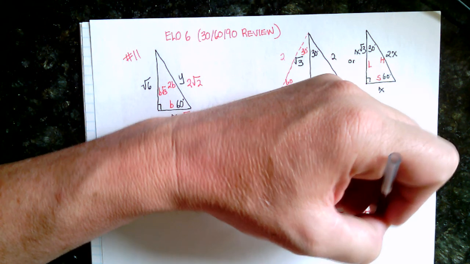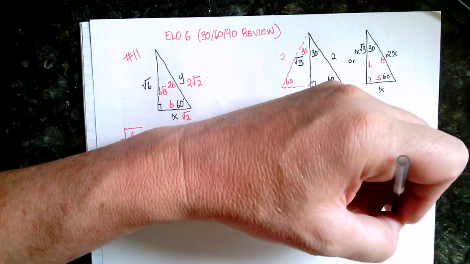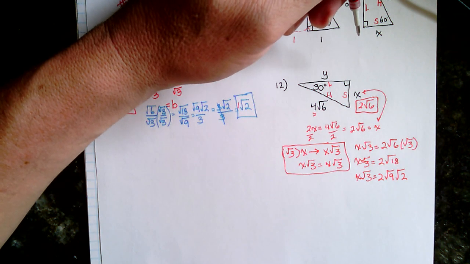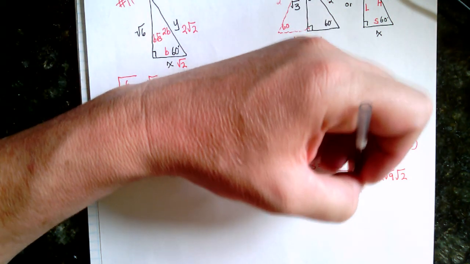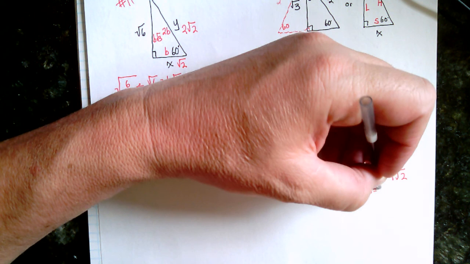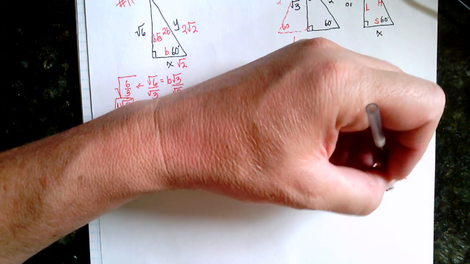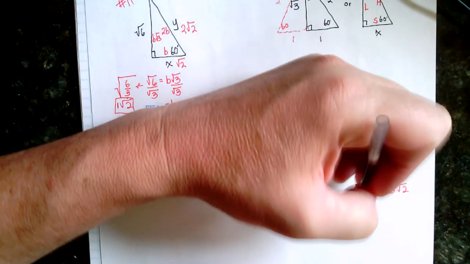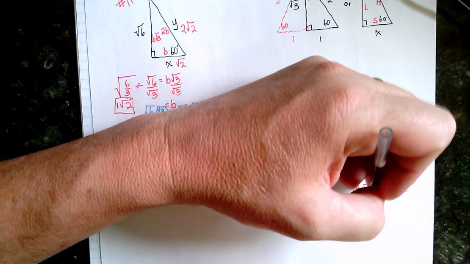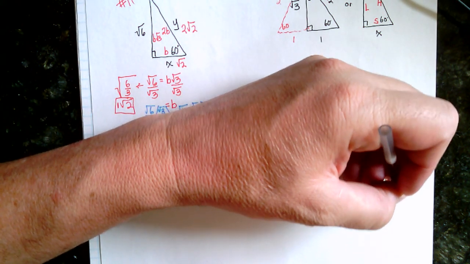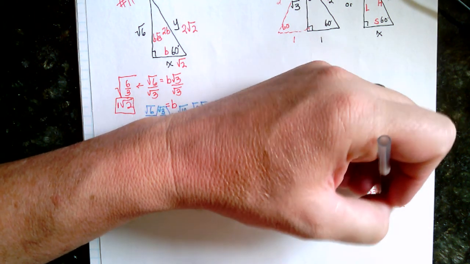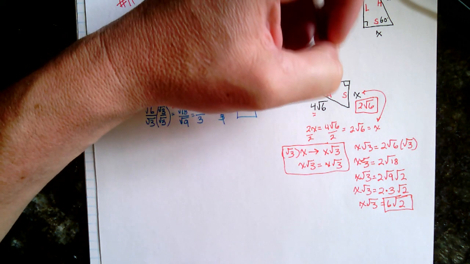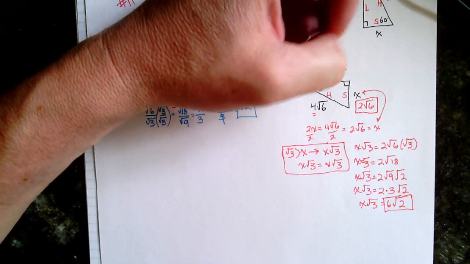X root 3 is equal to 2 times root 9 times 2. So x root 3 is equal to 2 times, I'm going to use 3 now instead of root 9. So x root 3 is equal to 6 root 2. So 6 root 2.